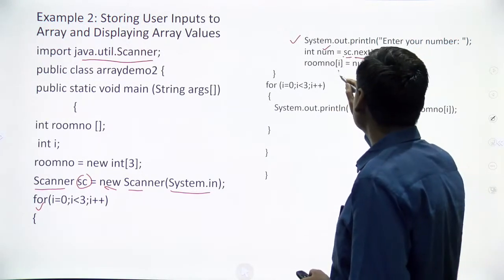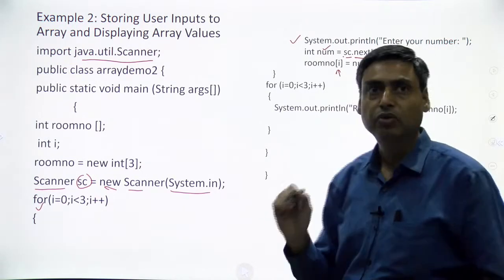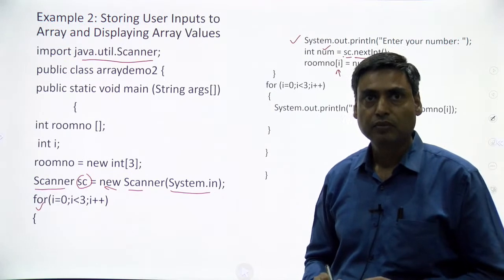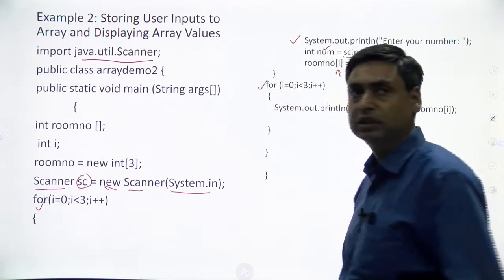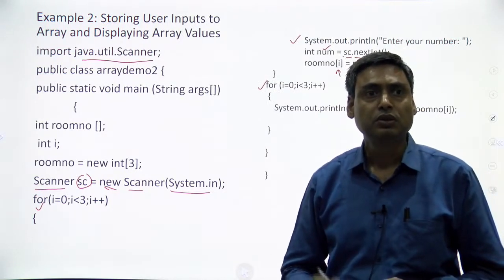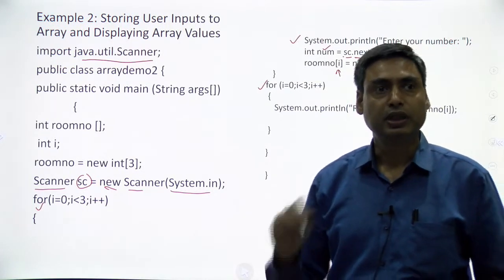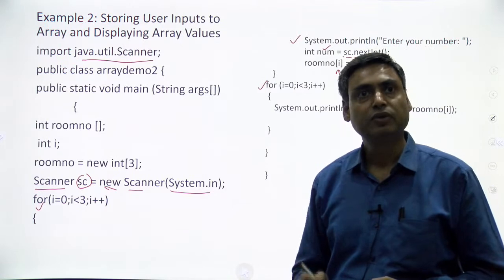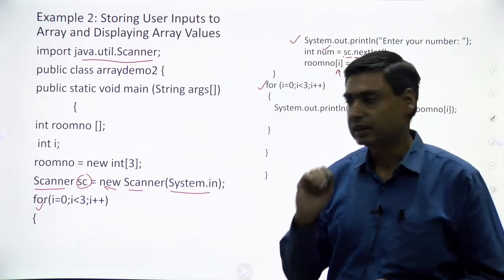So at this location, whatever value you give will be stored in a particular index. Next, we have a for loop to display the values. So this is the second program. How will you get the value from the user and store it in the array? You will get the value from the user with the help of an object of the Scanner class.